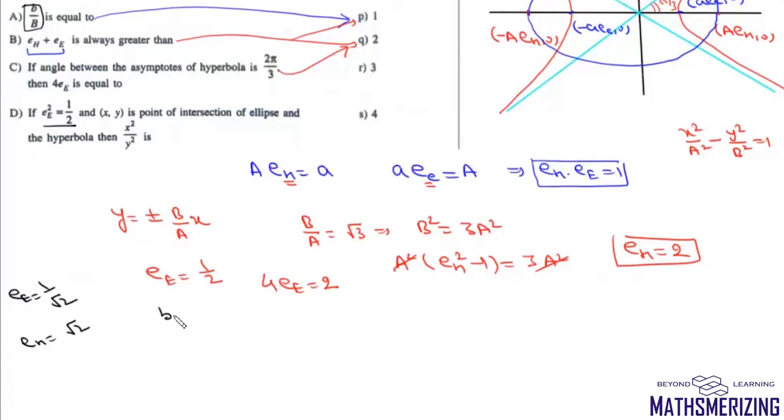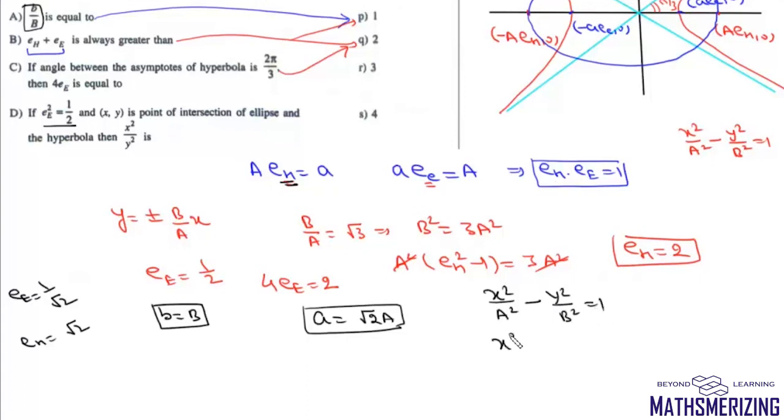So we can write small b is same as capital B. And if we put EH as root 2, we can say this a is root 2 A. So we can write equation to this hyperbola as x square upon A square minus y square upon B square equals to 1. And we can now write equation to this ellipse as x square upon small a square, and small a square is actually 2A square, and then plus y square upon small b square is actually same as B square, and this is equal to 1.